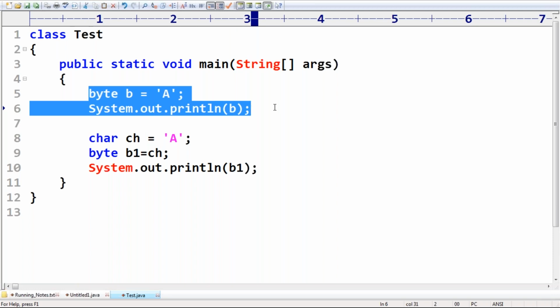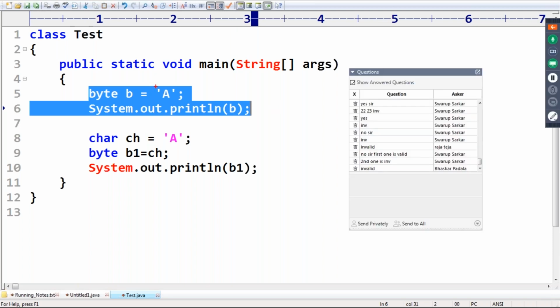Okay, here see this one. We are assigning directly, sir. It is actually a char, but every char can represent an integral value, 65. Is 65 in the range of byte or not? Yes, that's why, because you are providing the value 65 directly, in the range of byte, this one is perfectly valid. Remember this. But here you are assigning char ch, and I don't know the value of ch.